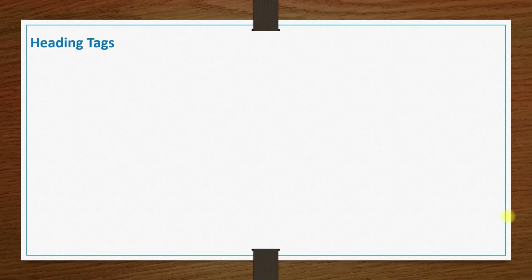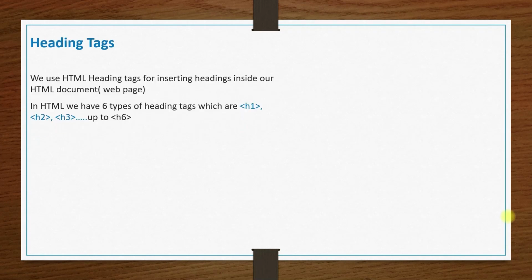Heading tags. We use HTML heading tags for inserting headings inside our HTML document or web page. I'm sure you have already studied Microsoft Word, which is a text editor used for making documents like books.